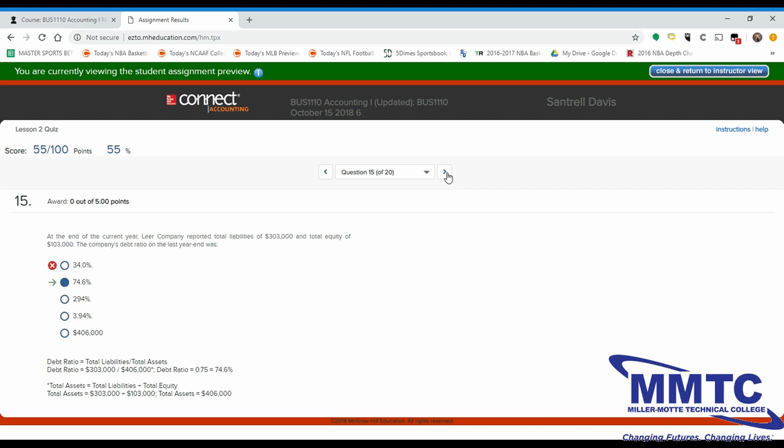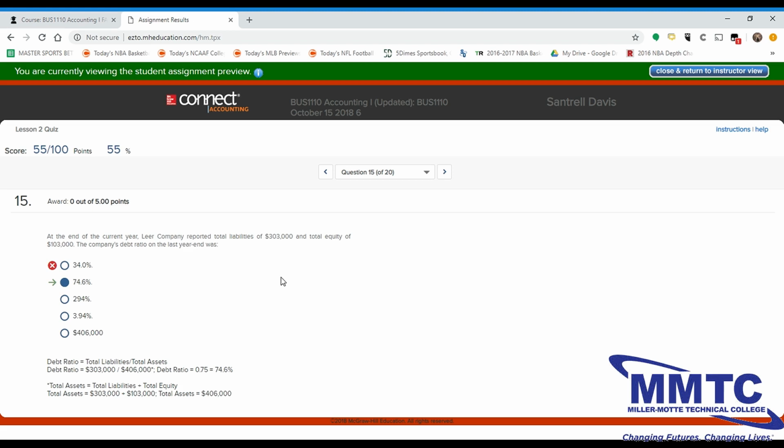At the end of the current year, Lear Company reported total liabilities of $303,000. Alright, somebody work this. Y'all work this one. At the end of the year, total liabilities is $303,000.